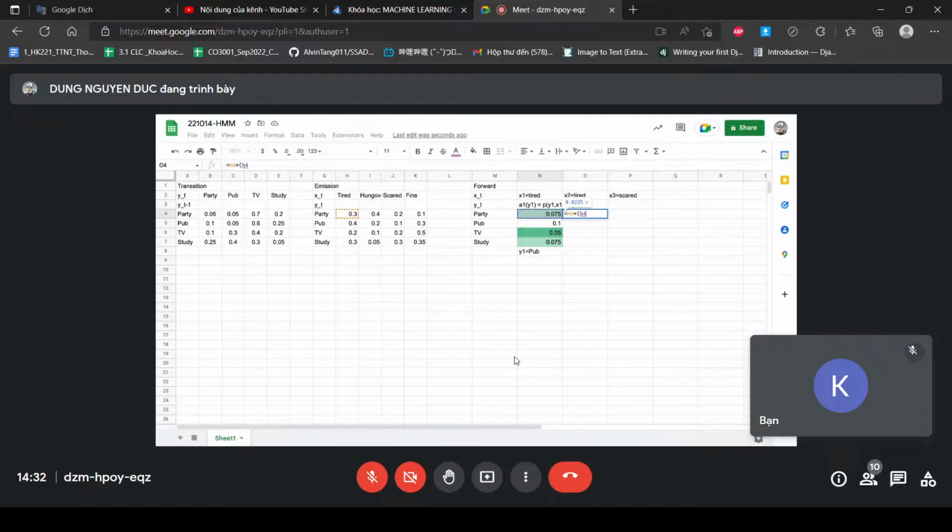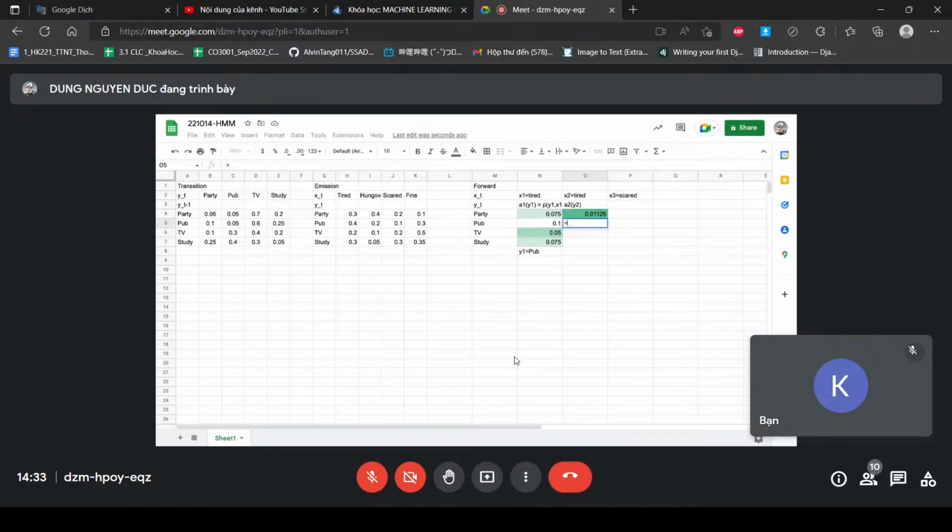So this is the previous alpha multiplied with the transition from party to party here, plus this one multiplied with the transition from pop to party, which is this, right? Plus this one multiplied with this one, plus this one multiplied with this one. Okay, there we go. So you have one value.